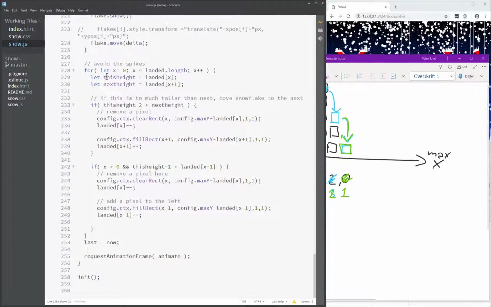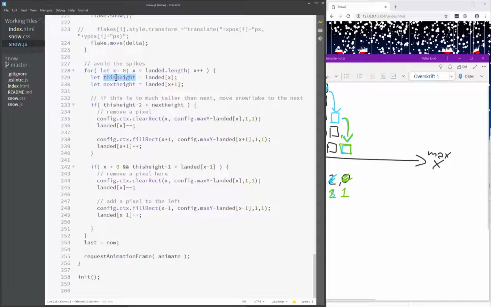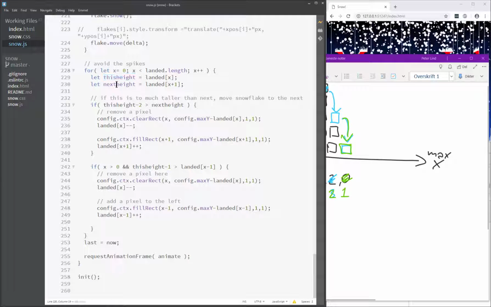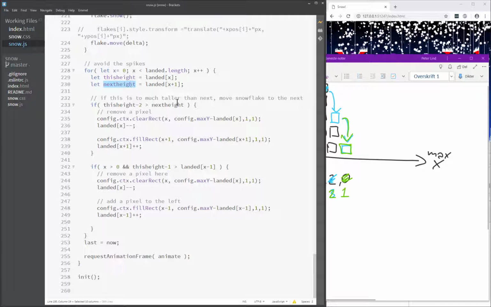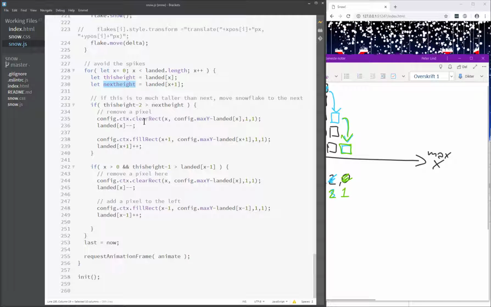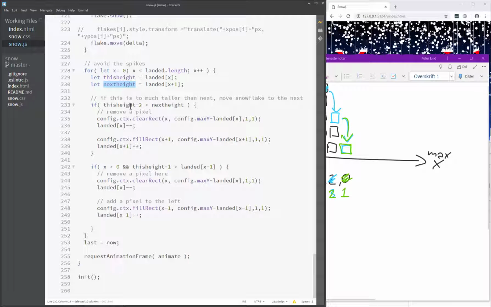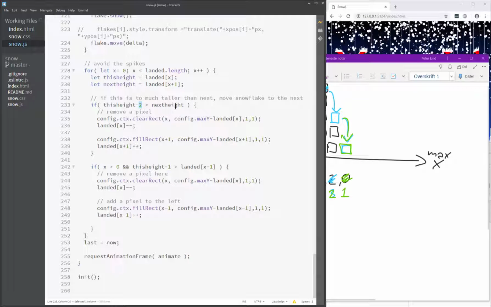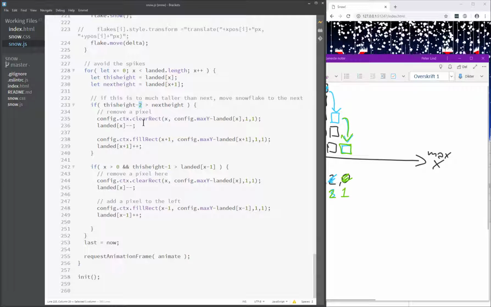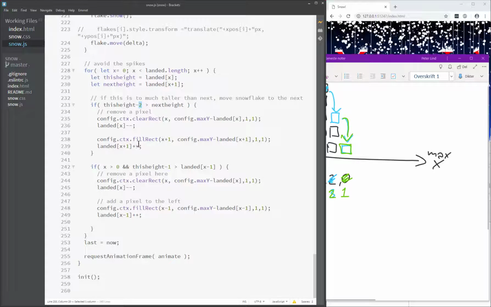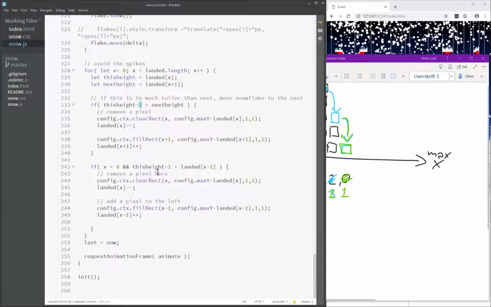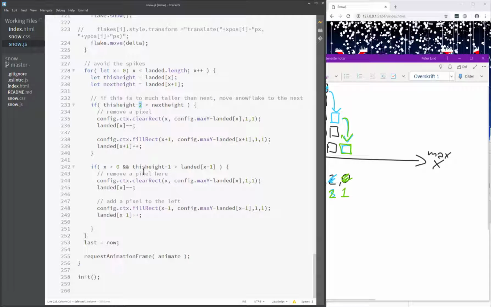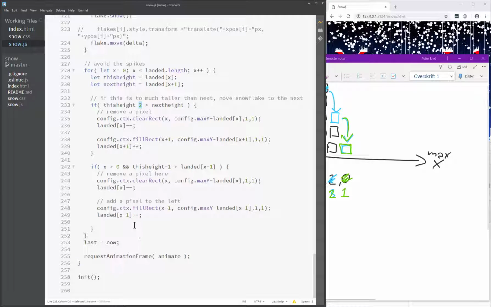I'm looking at the height of this one and the height of its next neighbor, and if this one is more than 2 taller than the next, then it removes a snowflake from this and adds one to the next. And then it does the same for the neighbor to the left, the previous neighbor.